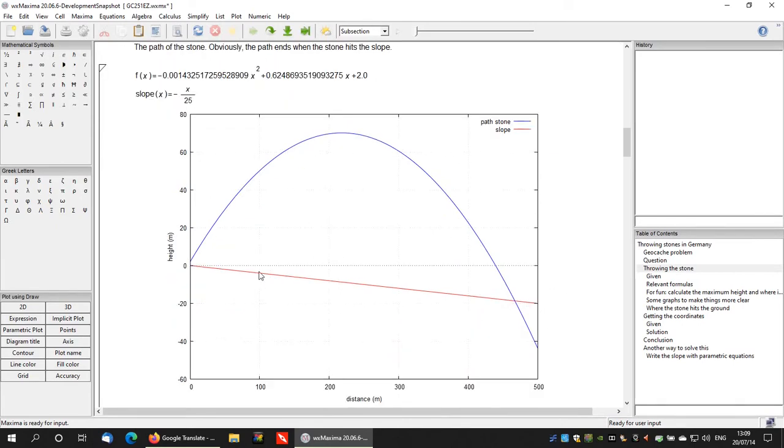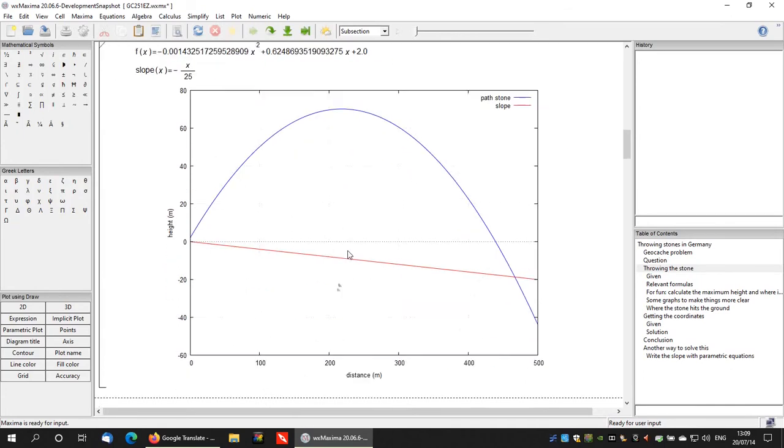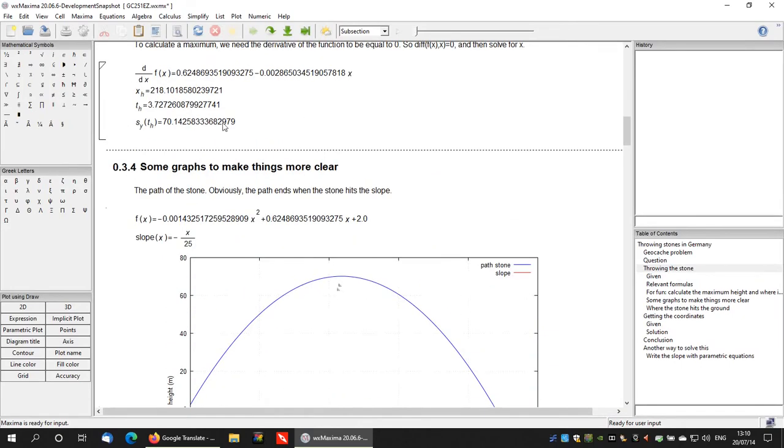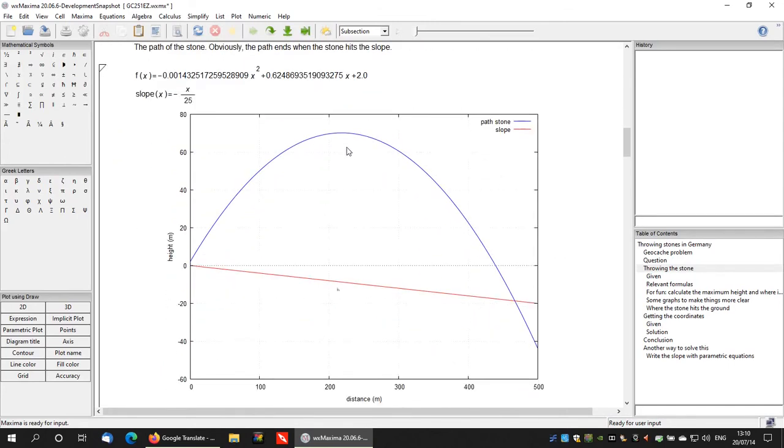So you can see clearly, as we calculated already, that at 218 meters, something like that, we get the highest point, and that's about 70 meters, 70.14 meters. Obviously the stone hits the ground here where those two meet, and that's about, I would say, 470 something and about 18 maybe meters.